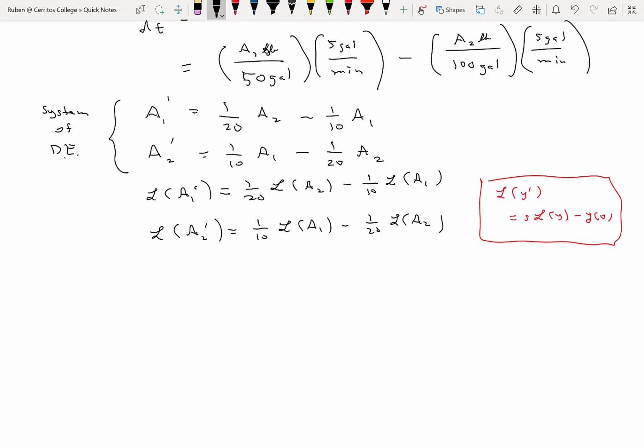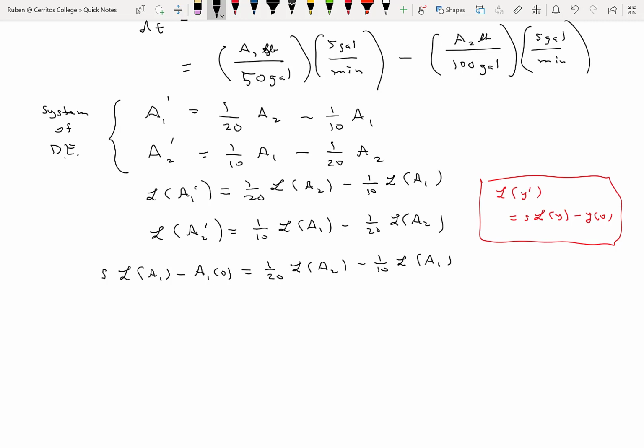So to our first differential equation, we get s times the Laplace transform of A1 minus A1 of 0 equals the right-hand side, 1/20th times the Laplace transform of A2 minus 1/10 times the Laplace transform of A1.